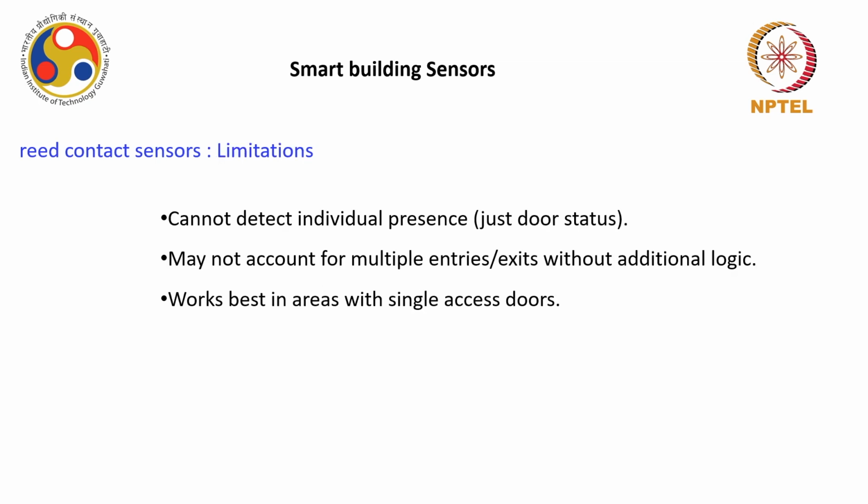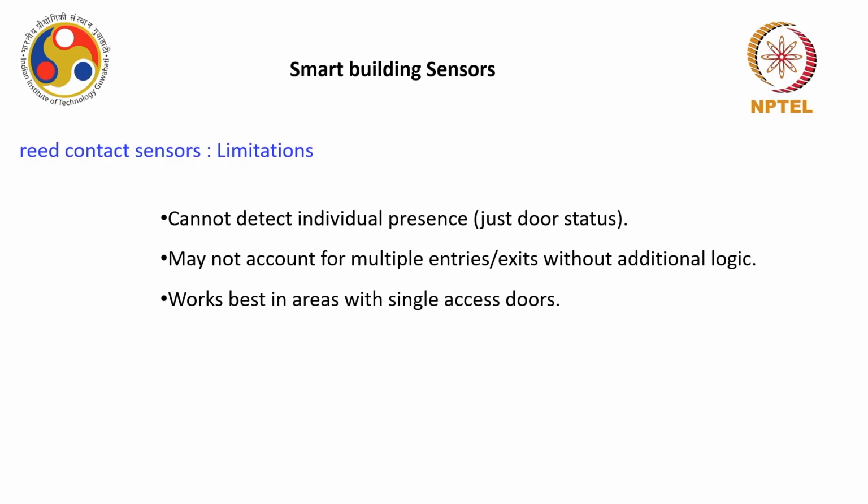Then there are certain limitations associated with these reed contact sensors. They cannot detect individual presence. They can only tell about the door status. If the door is getting opened, you have to assume that it is opened by a certain occupant. In such a scenario, it becomes very difficult to monitor multiple entries or tailgating.